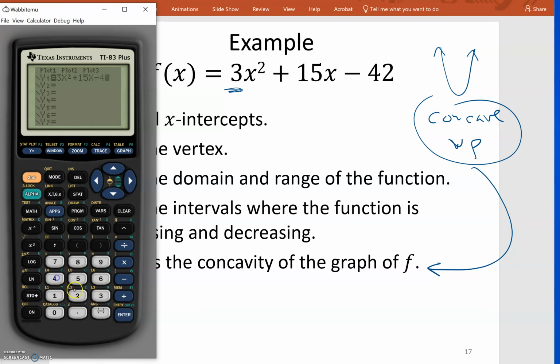I'll go with my zoom standard here. Let's see what I see. Okay, so from that I can see that I need to reel it in and go down. So where is this approximately? This is like 2 or 3, and that's like 1, 2, 3, 4, 5, 6, 7.